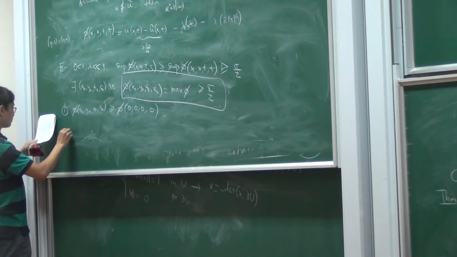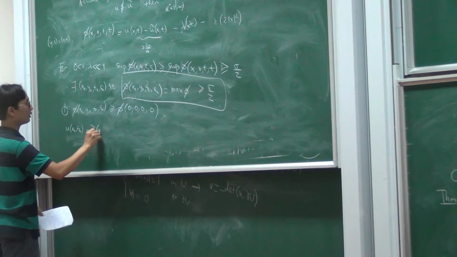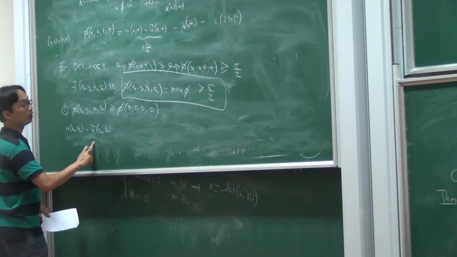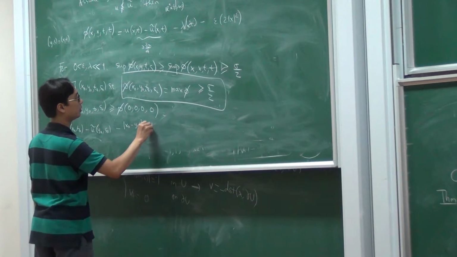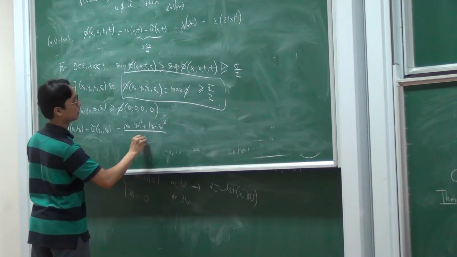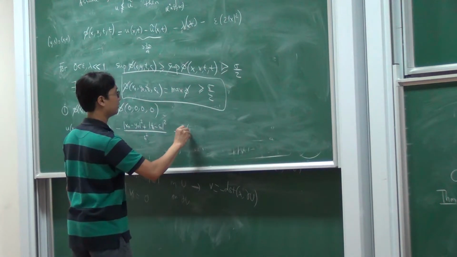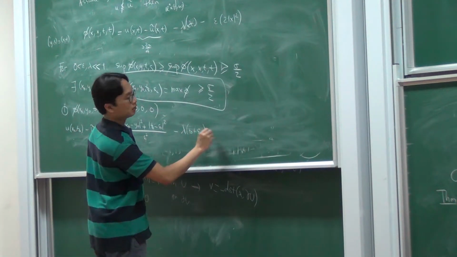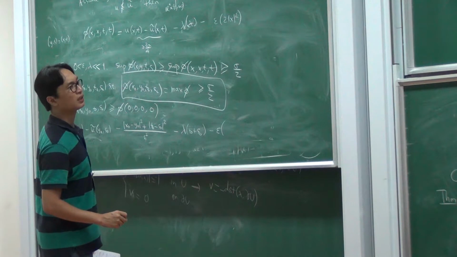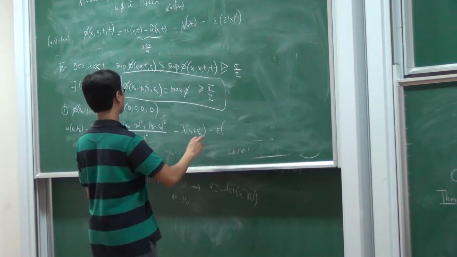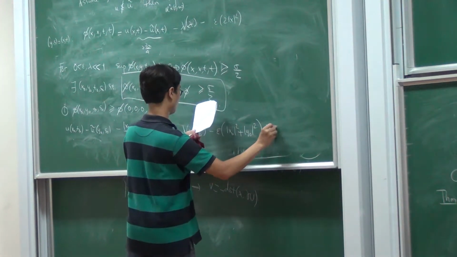So you're going to have u of x0, t0 minus u2 of y0, s0 minus x0 minus y0 squared plus t0 minus s0 squared over epsilon squared minus lambda t0 plus s0 minus epsilon x0 squared plus y0 squared greater than or equal to 0.